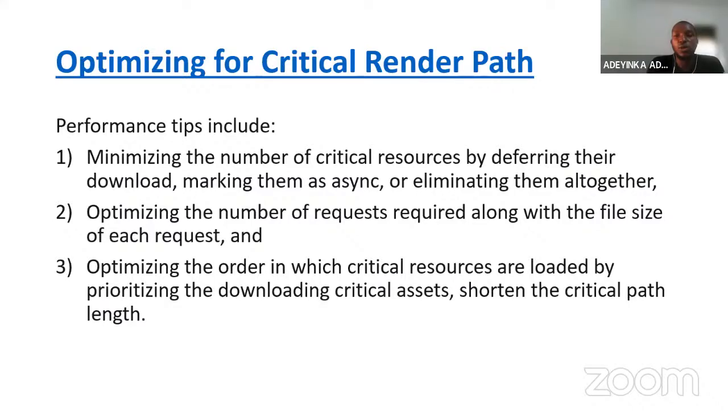Then the last thing I would like to mention in this optimization tip is to optimize the order in which your critical resources are loaded by prioritizing the downloading of critical assets, shortening the critical path length. Like I said in my previous explanation of the critical render path, the first thing that gets loaded in your page is HTML. Then your browser loads the CSS and the JavaScript.